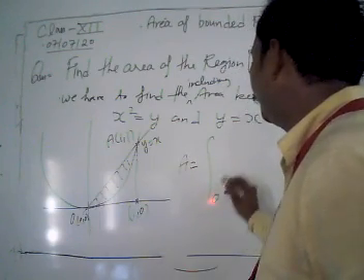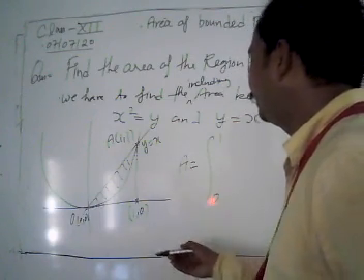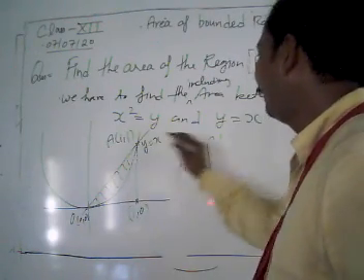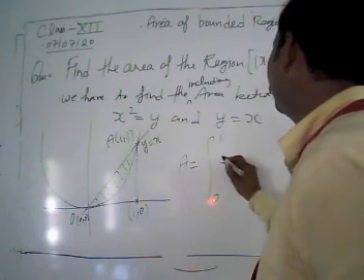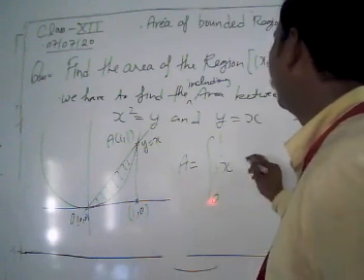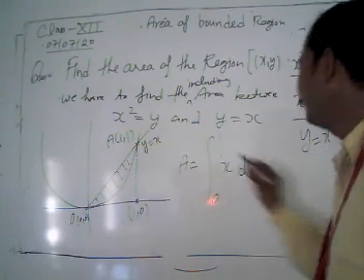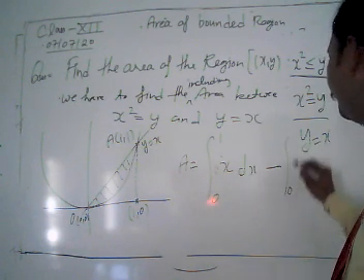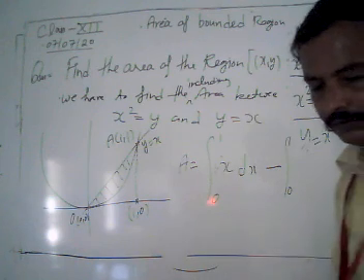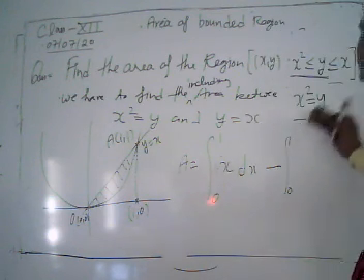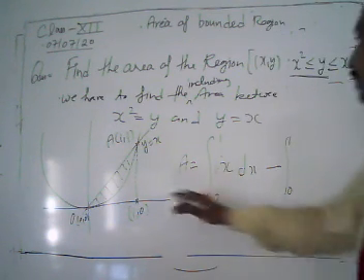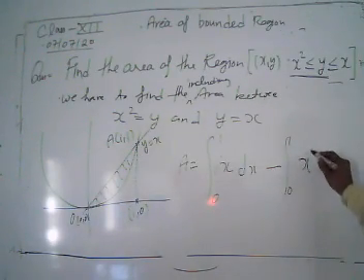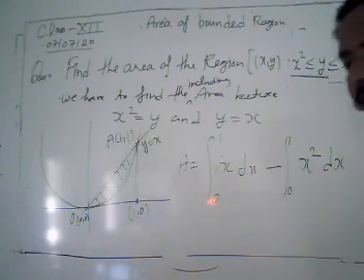the limit 0 to 1, the area made by the line y equals x, so we write x dx, minus the limit 0 to 1, the area made by the curve y equals x square, so we put x square dx.